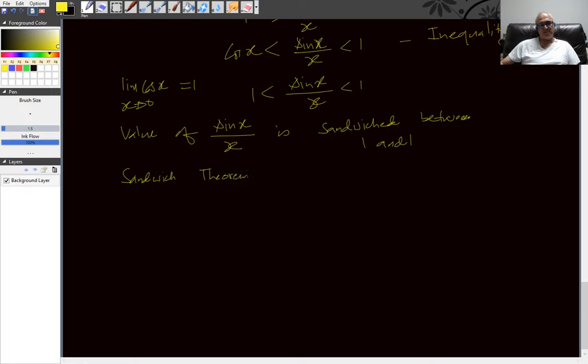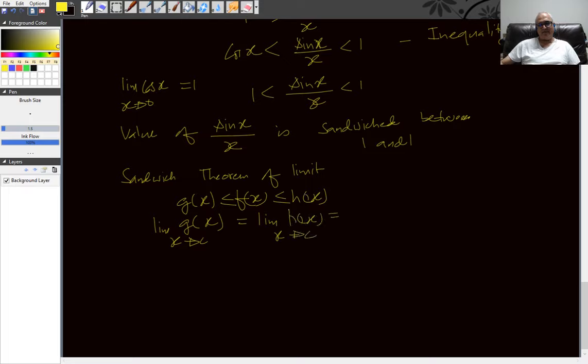What it says is that if you have three functions such that f(x) is greater than or equal to g(x), which is less than or equal to h(x), and at a certain value of x the limit of g(x) and h(x) is equal to L, this implies that the limit of f(x) at the same value of x will also be L. So f(x) is sandwiched between g(x) and h(x), so the limit of f(x) will be the same as the limit of g(x) and h(x) at a certain c.